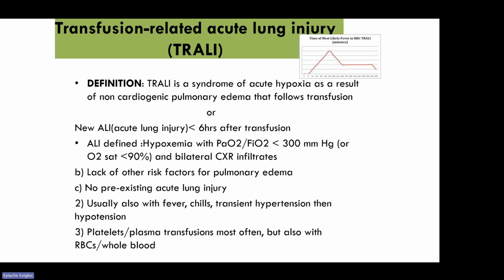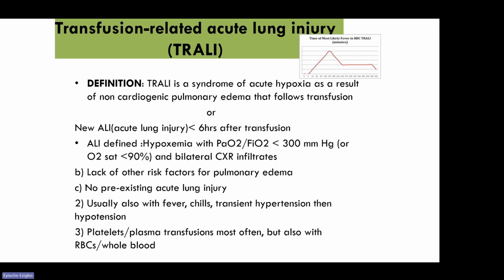Acute lung injury is defined as hypoxemia with a PaO2/FiO2 ratio of less than 300 millimeters of mercury, or oxygen saturation of less than 90%, and bilateral chest X-ray infiltrates. That is what we observe when we carry out the chest X-ray.